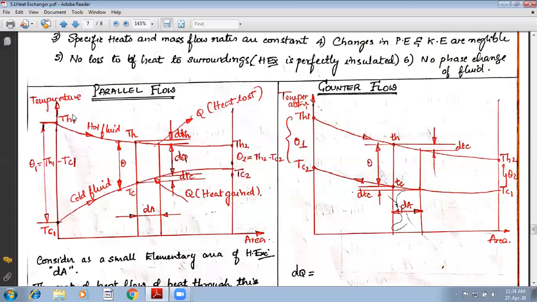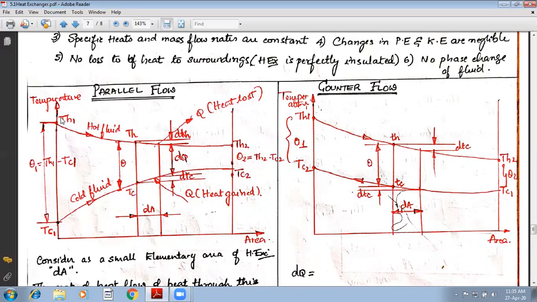Now we have some notations here. So this is TH1, TH2, TC1, TC2. Now TH corresponds to the temperature of the hot fluid. Tc corresponds to temperature of the cold fluid. Now suffix 1 represents the inlet condition and suffix 2 represents the outlet condition.